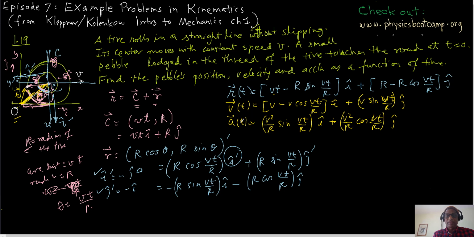If you want to get a magnitude, the magnitude of acceleration will be just the square of this plus the square of that, and sine and cosine, it will be a constant actually, v square over R. If you work it out, that's the magnitude.